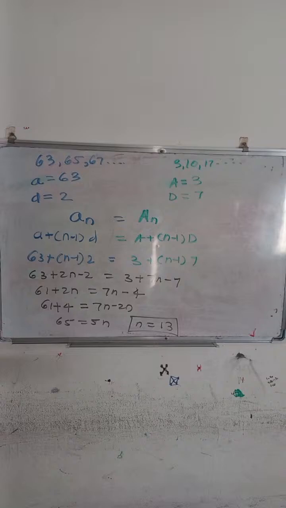I'll repeat this question. If the 10th term of an AP is 52 and the 17th term is 20 more than the 13th term, find the AP.